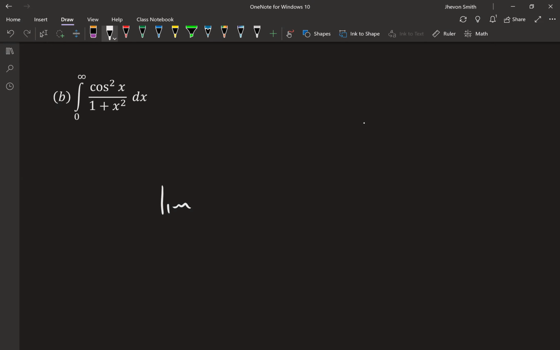Okay, so let's see if we can lead ourselves into it. You remember there was a special trig limit that looks like this, right? That was equal to what? 1, right? Now there's a limit that looks very close to that.